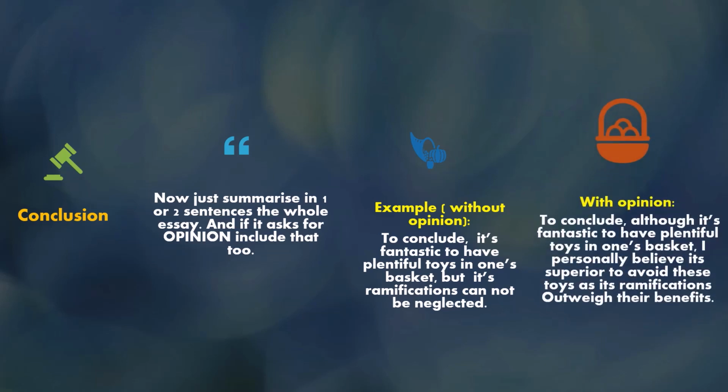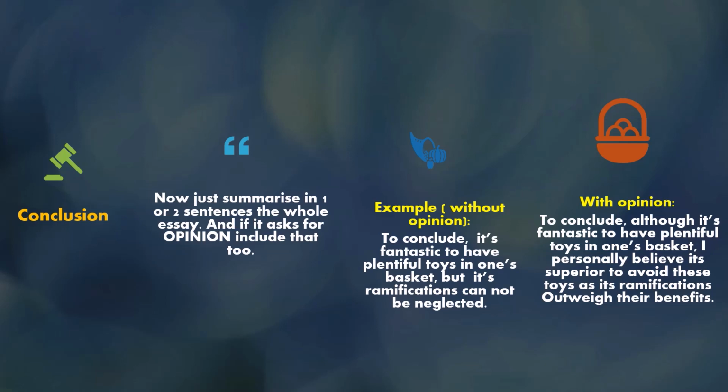If it has asked for my opinion, then I would say, although it's fantastic to have plentiful toys in one's basket, I personally believe, here I am giving my opinion. I am saying that though it's good to have toys, I think that it's bad. So I personally believe it's superior to avoid these toys as its ramifications outweigh their benefits.